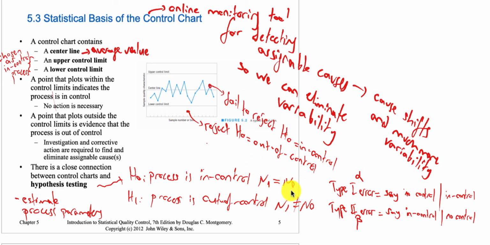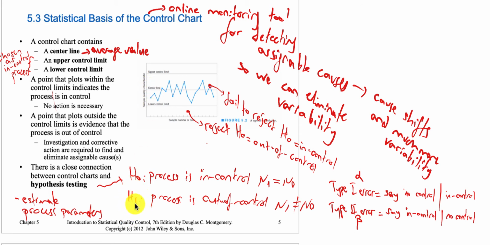And mu null is the set value for the central line, the nominal value. So if the process is in control, it means that the next mean we are gonna calculate in the next samples will be equal to the mu null value, the original value we have, the central line.